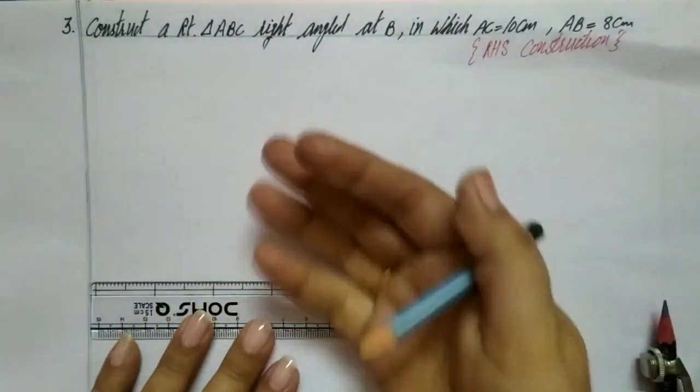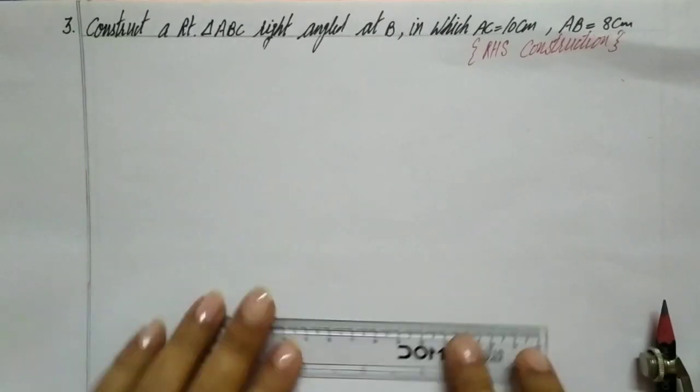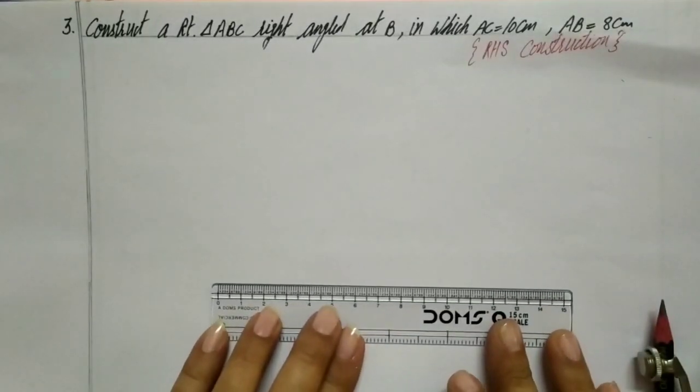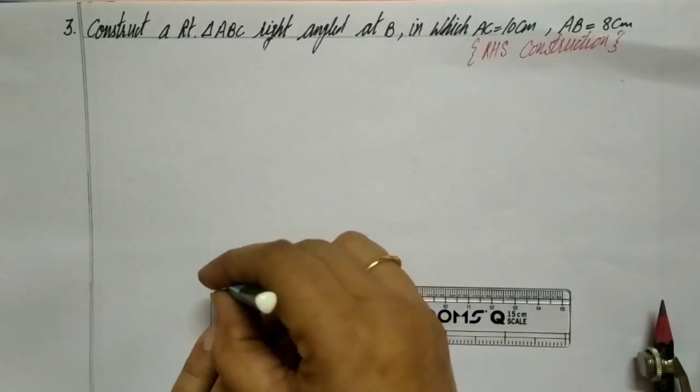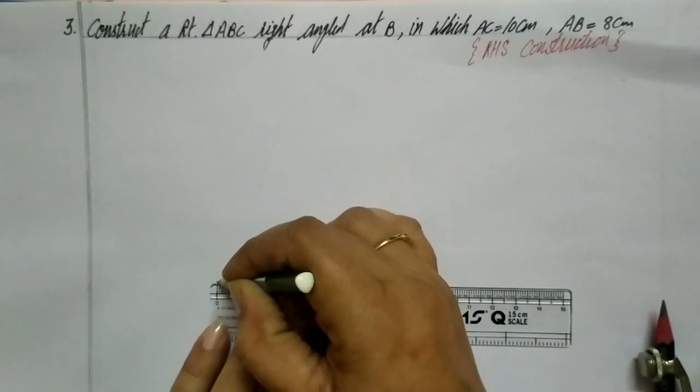So now we will draw a base of length 8 centimeter. It's 8. Label it as AB, 8 centimeter.